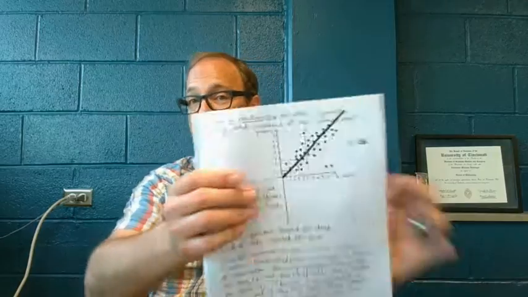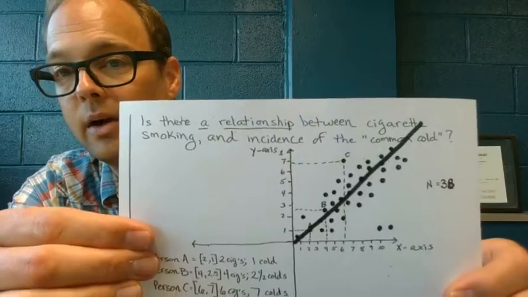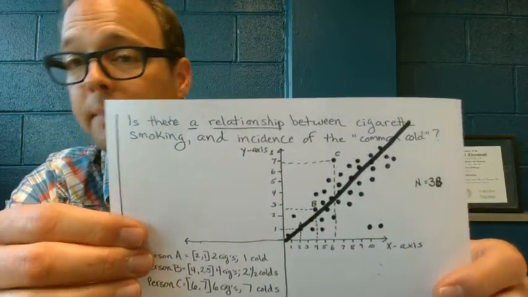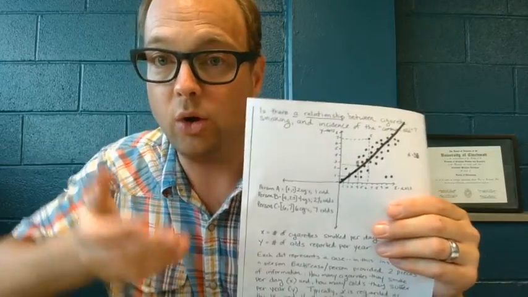So if you were asked the question, is there a relationship between smoking and the incidence of the common cold, I think you would be fairly accurate to say, yes, there is a relationship between smoking and incidence of the common cold based on these data, maybe not based on other data, but based on these data.